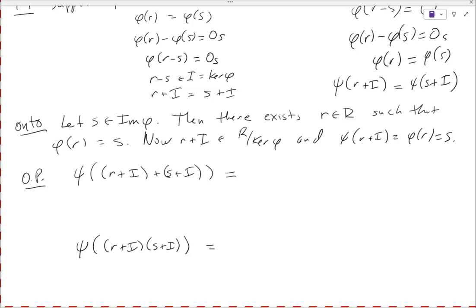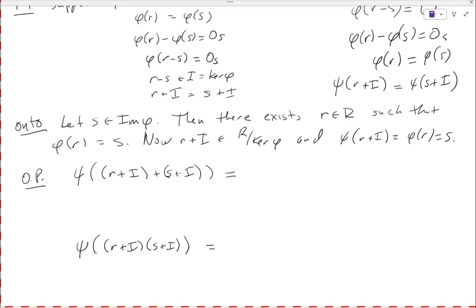I may not have left myself enough room for that second one. That's okay. So for operation preserving, we need to show that it breaks up over sums and breaks up over products. The elements in our quotient ring are cosets. So I need to show that it breaks up over a sum of cosets and a product of cosets.